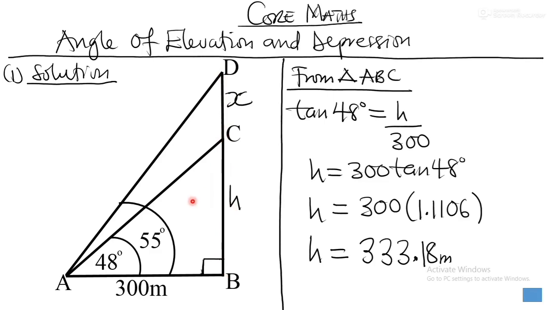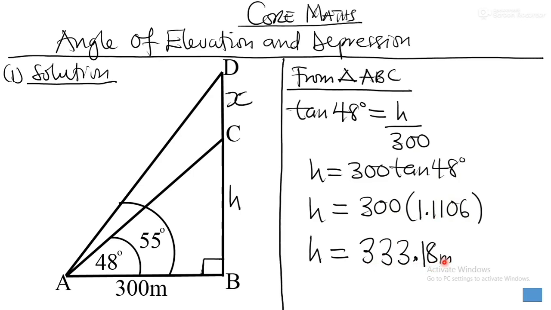So let's proceed. From triangle ABC, tan 48 degrees is equal to H on 300. Making H the subject, H will be equal to 300 tan 48 degrees. With the help of the calculator, tan 48 degrees gives us 1.1106. Multiplying, we get H to be 333.18 meters.